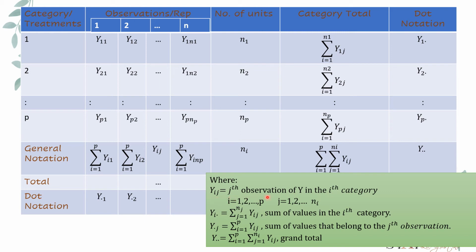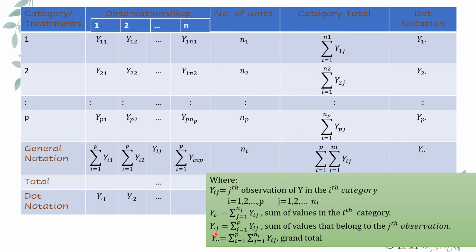So it is the jth observation of Y in the ith category, where i ranges from 1 until p categories or treatments, and j is equal to 1, 2, 3 until the sample number of units in that ith category. And then yi dot is equal to summation of yij, where j ranges from 1 to ni, and it is the sum of values in the ith category. So this is located here, the total in your category.